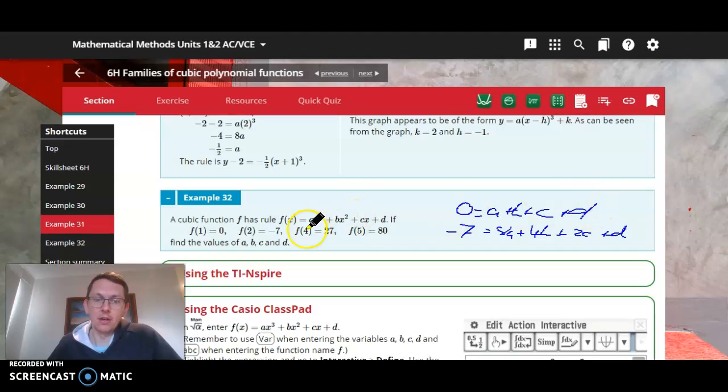And you'd keep on going on. So you put 4 in there, 4 cubed A plus 4 squared B plus 4C plus D. And then you could do simultaneous equations, which would be really long.